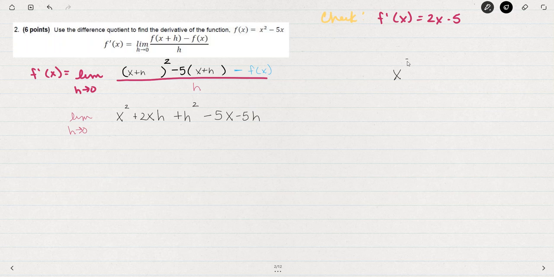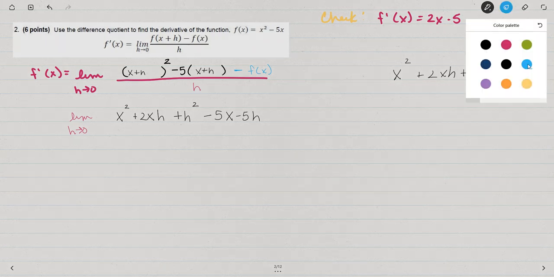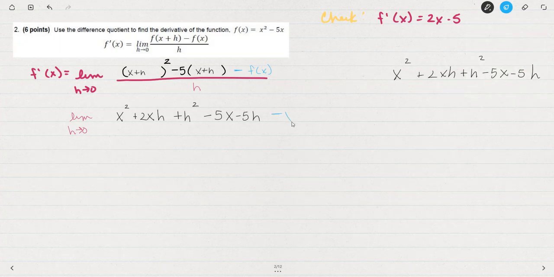Another approach, if you struggle with this at all, is to write this polynomial, list of terms, whatever you want to think of it as, off to the side over here. And now I'm going to subtract f of x. So I'm going to subtract x squared, and I'm going to subtract the opposite of 5x.